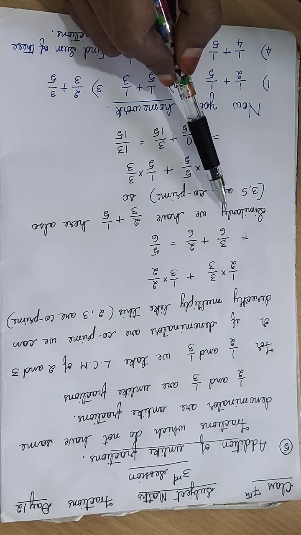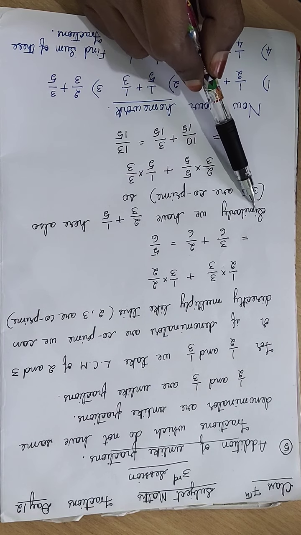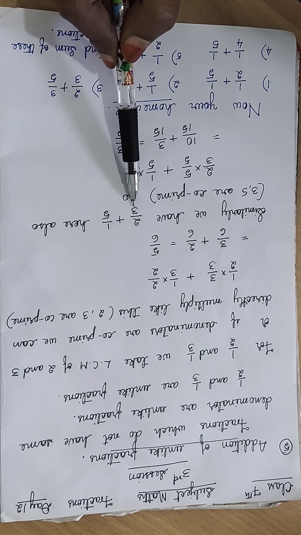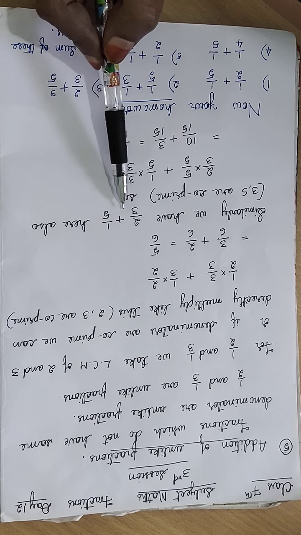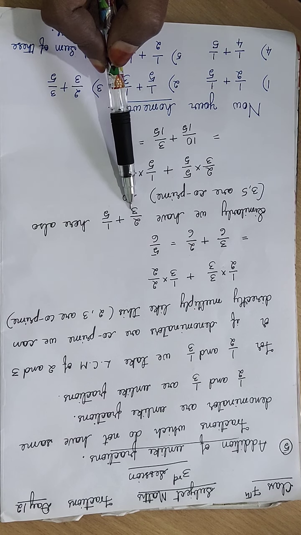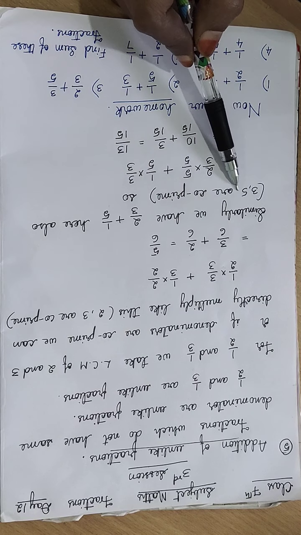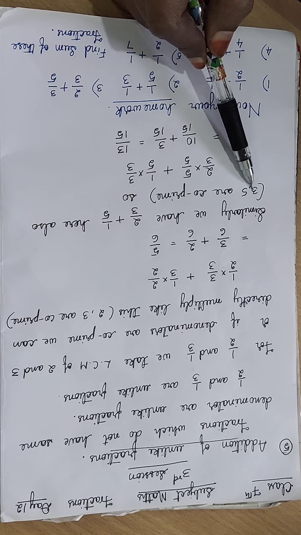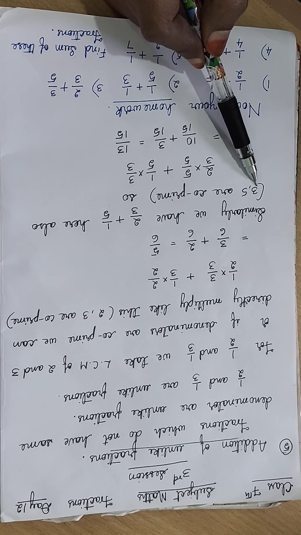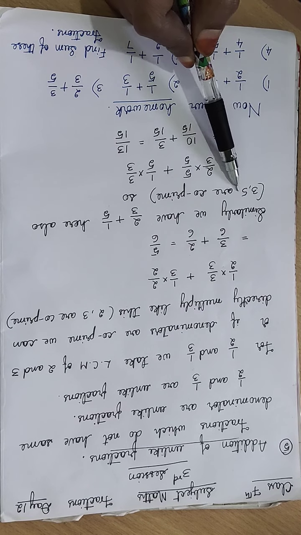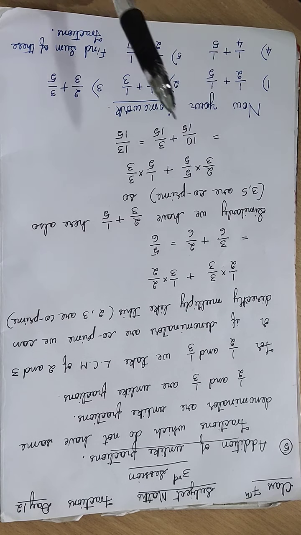So let's take another example for better understanding. Similarly, we have 2 by 3 plus 1 by 5. Here also you can see that the denominators are not the same, and 3 and 5 are co-prime. That is, 3 will not go in the 5 table and 5 will not go in the 3 table. You can understand it that way also. Co-prime means they don't have any common factor.